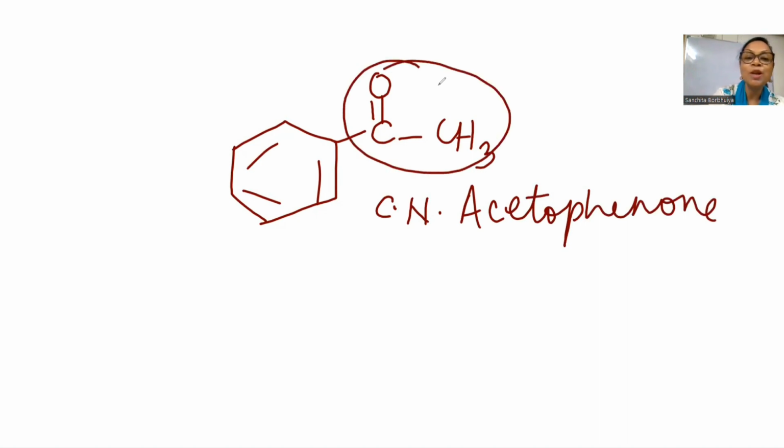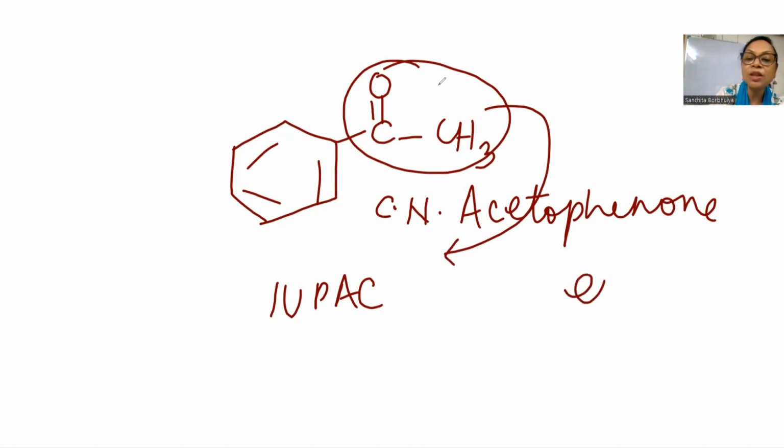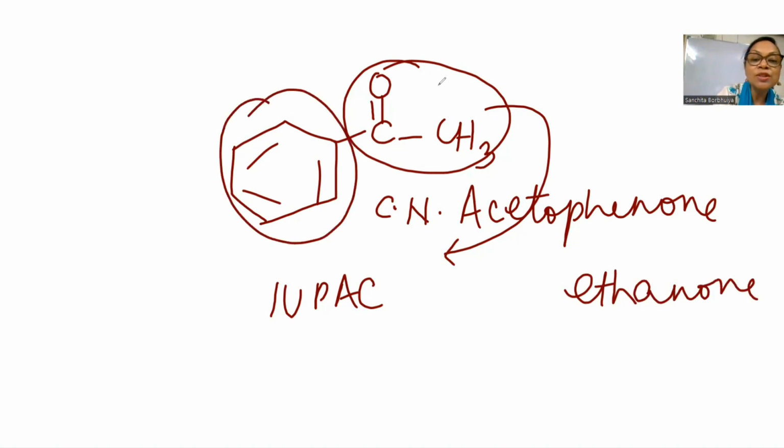That is the acetyl group. So it is acetophenone. And the IUPAC name of this compound is, so this can be treated as a 2-carbon ketone, which is ethanone. And the first carbon has a phenyl group attached. So this is phenyl ethanone. Yes, this is phenyl ethanone.